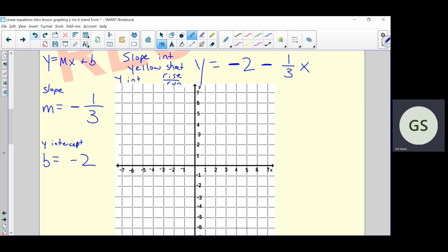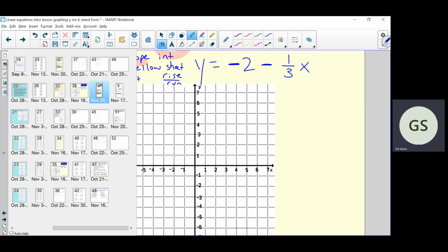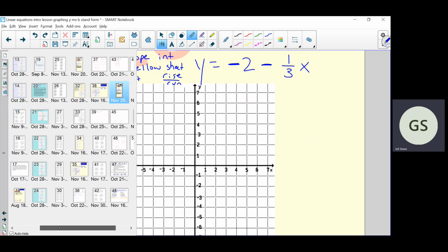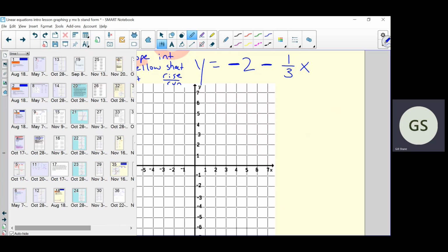If you don't know what the yellow sheet is, let me see if I can find it really quickly. I know it's in here somewhere. Is this it maybe?